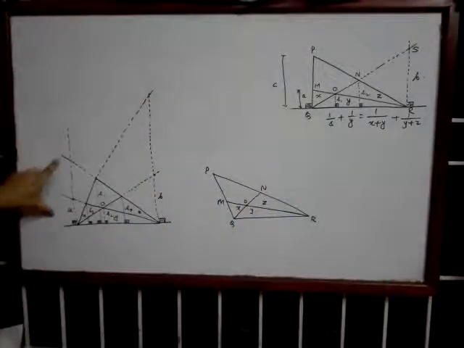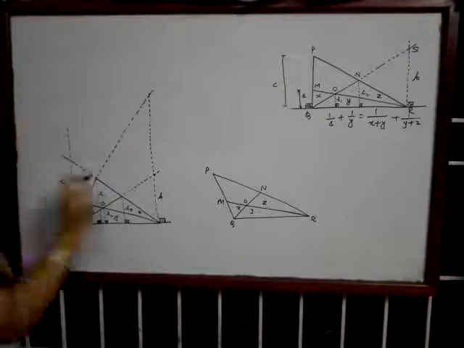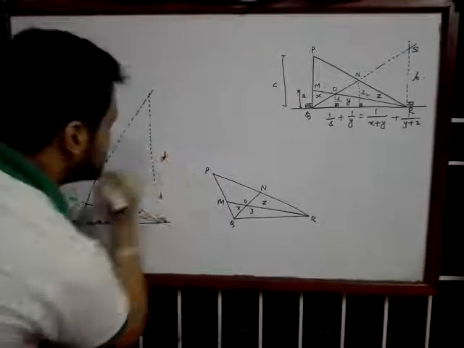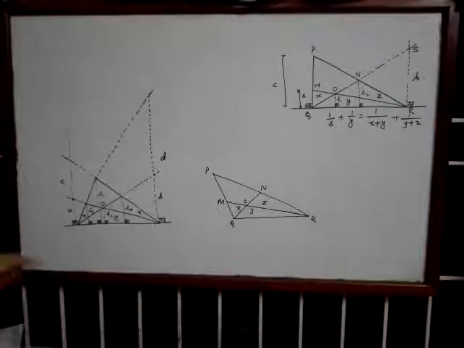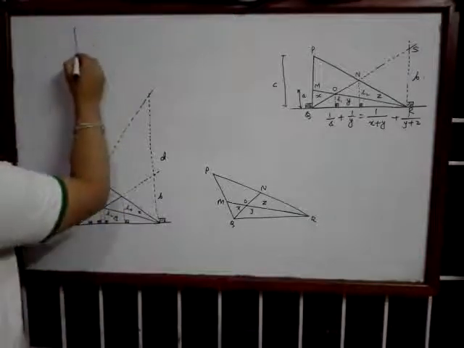Let's call this whole length C and this whole length D. So what do we get? For H1, we have something like this.